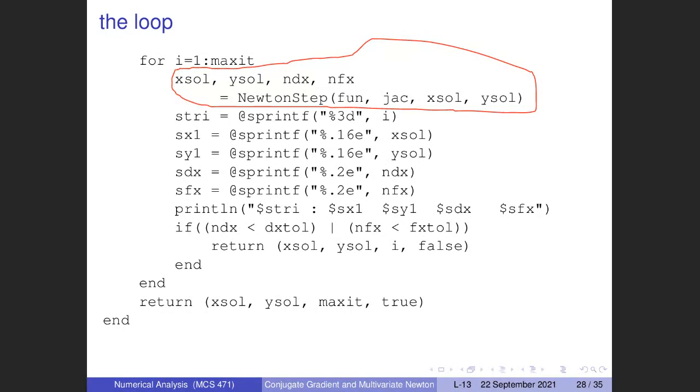So the solutions are printed out in their full precision of 16 decimal places. The estimates for the forward and the backward error, these two norms, are given only with 2 decimal places. And the method may fail. That happens here. We have failure. The last variable is true when we have exhausted the allowed number of iterations and have not reached the tolerances.